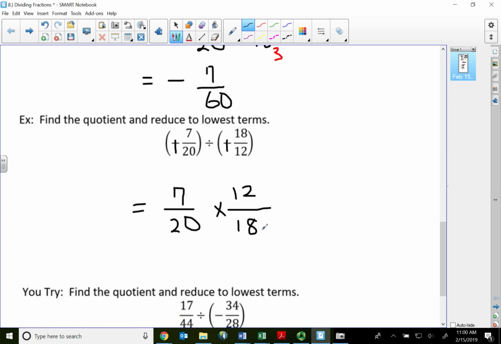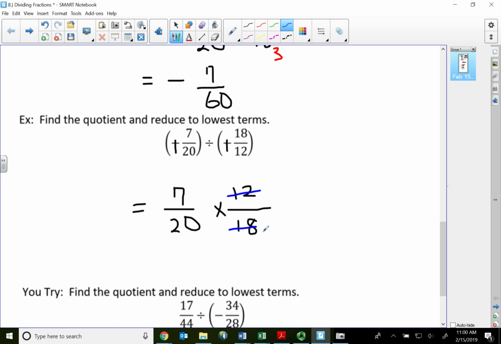Now I'm going to reduce my numerators with my denominators. 7 cannot reduce with 20 or 18. So the 12 and 18 can be reduced by 6 or by 2. 12 can also be reduced with 20. I'm just going to pick one of them to start with.